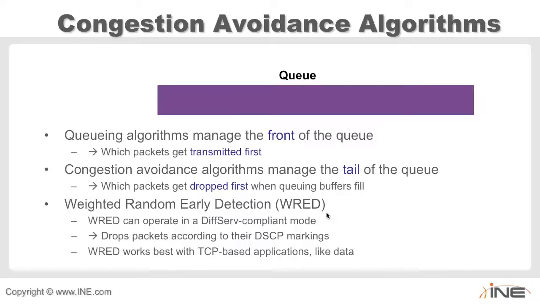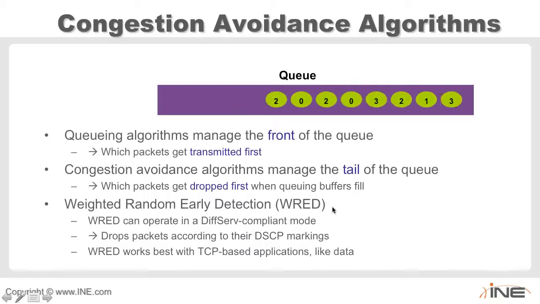Okay, so here we've got our queue. This is the queuing at the beginning, and this is the end of the queue. So this is where tail drop or weighted random early detection, the congestion avoidance, happens here, and the congestion management happens up here. Okay, so here's where we have these 3, 2, and 1, and we also have 0.